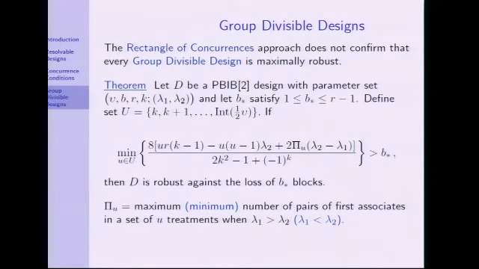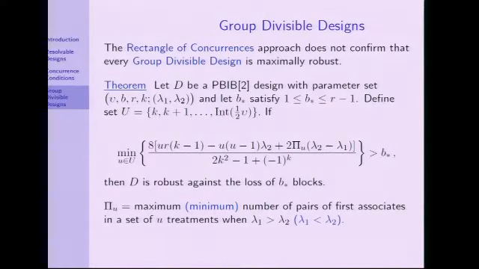Without the 8, the numerator is the smallest sum of concurrences in a rectangle in the concurrence matrix of size u times v minus u. And if the smallest of those terms, now sadly you do have to look at different values of u going from k up to v over 2, is bigger than b star, then the design is robust against the loss of b star blocks.